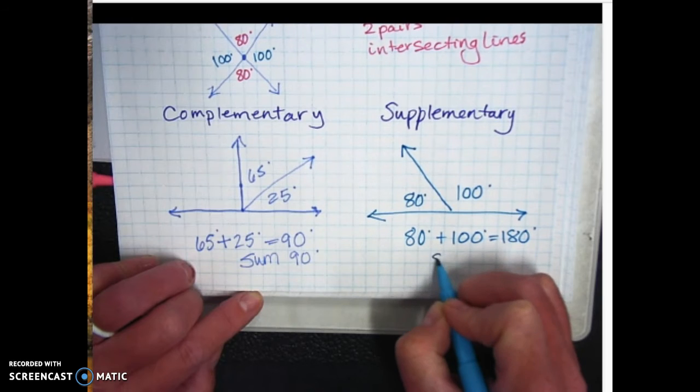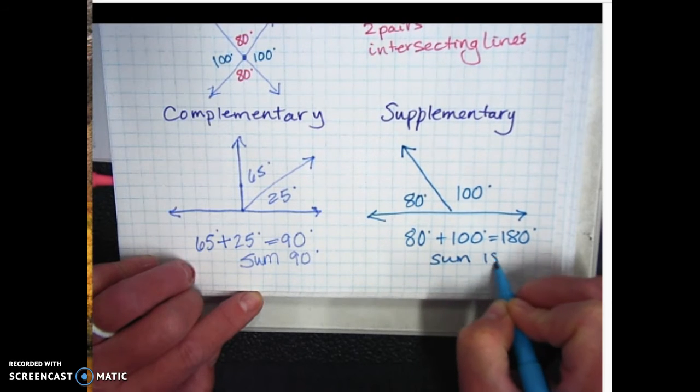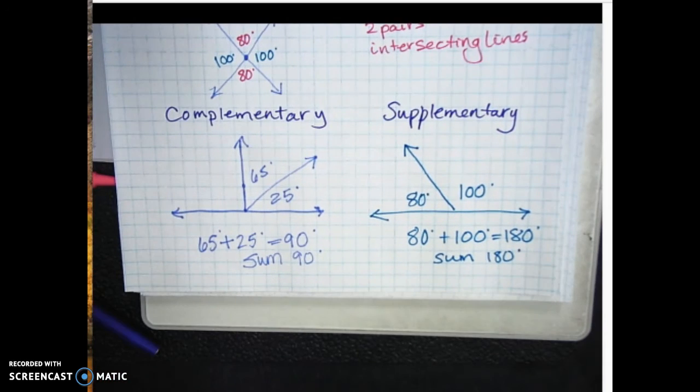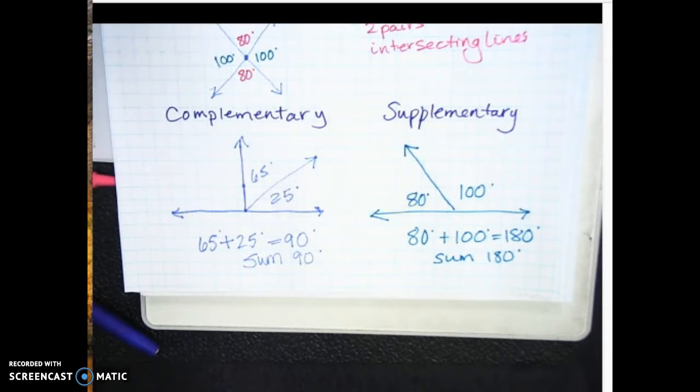So it's going to be any combination where the sum is 180 degrees. Sort of like a linear pair. So if we're looking at something and it's a linear pair, it's also going to be supplementary. We're looking at a pair of angles. Any questions on any of those?